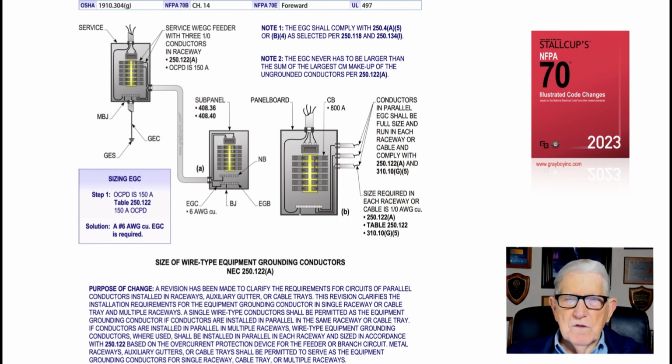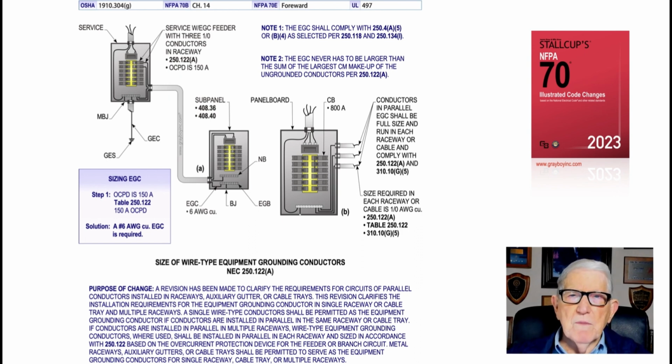This illustration deals with the size of a wire-type equipment grounding conductor pulled in a raceway in accordance with 250.122(A). Now, there's a lot of text written in the purpose of change to illustrate the procedure that would be used if you were routing an equipment grounding conductor in 1 conduit or 2 or more conduits, as you see in the illustration to the right.